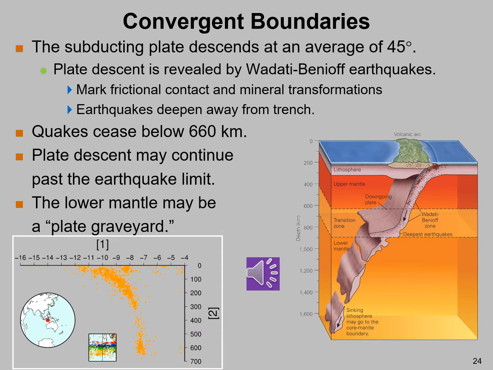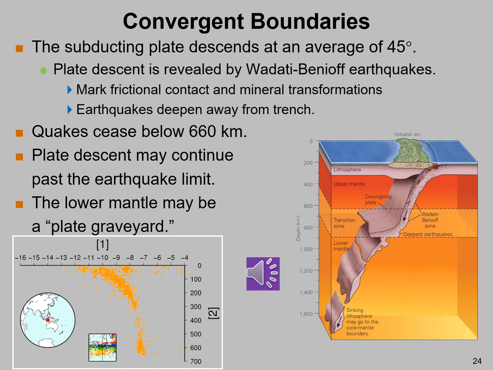The subducting plate descends at an average of 45 degrees. We know this due to the location of thousands of seismic foci at subduction zones. The zones of earthquakes are called the Wadati-Benioff earthquake zones, a planar zone of seismicity corresponding with the downgoing slab in a subduction zone.